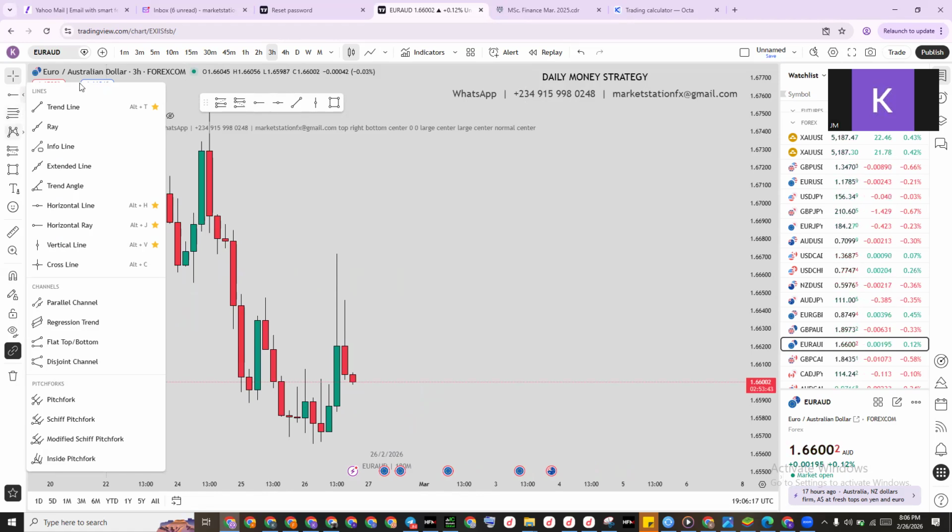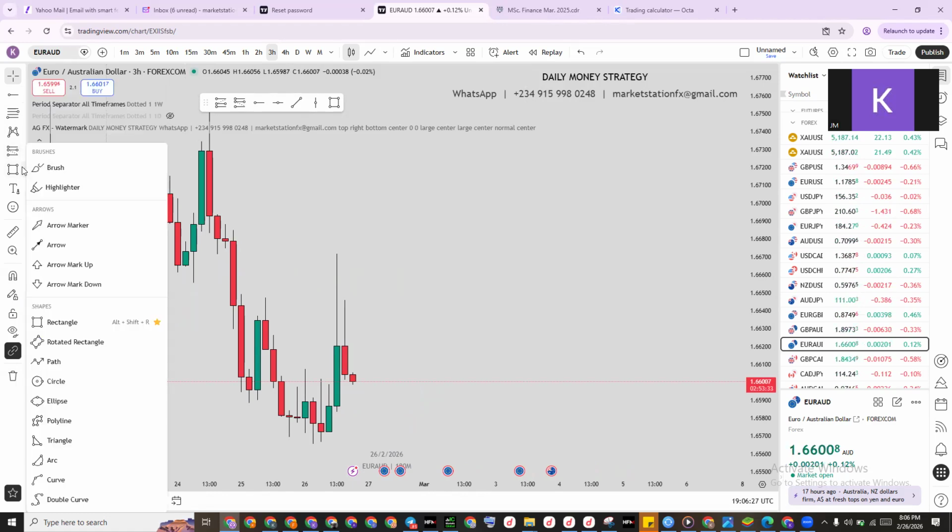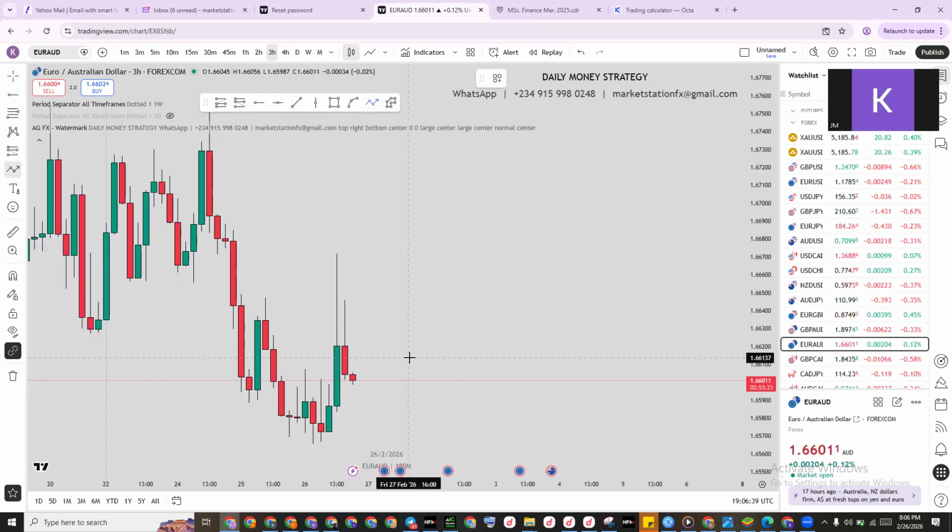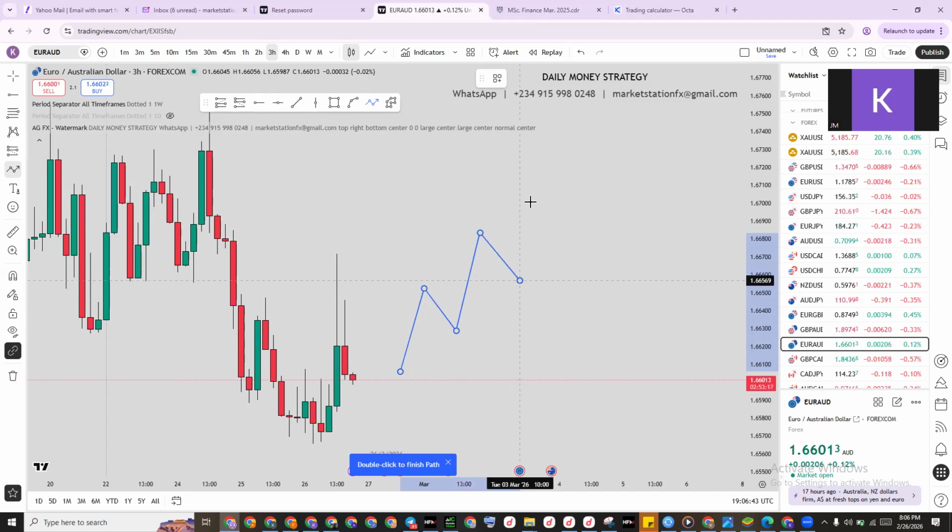Let me try to draw. For those that do market structure, when we are talking about range, this is a bullish market structure, right?